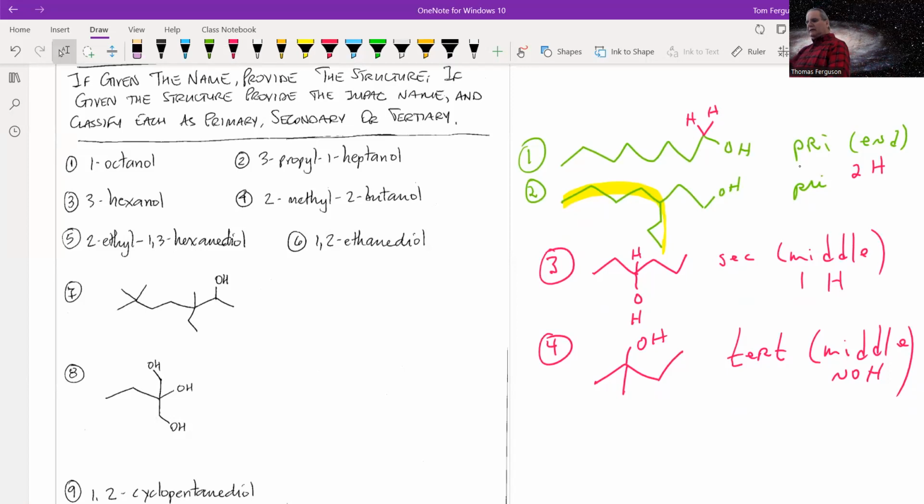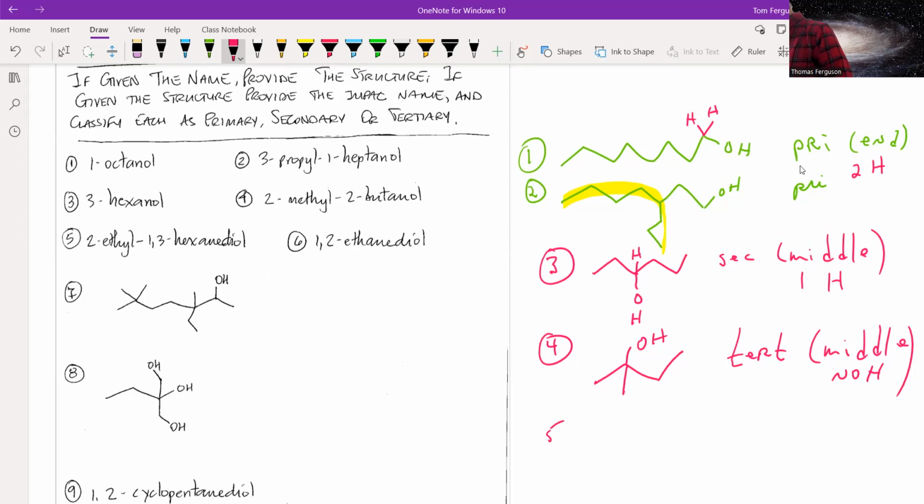And then 1,2-ethane diol. Diol means 2 hydroxyl groups, 2 carbons long. Oh, I forgot the other one over here. Number 5, 2-ethyl 1,3-hexane diol. So hexane, 6 carbons, diol.